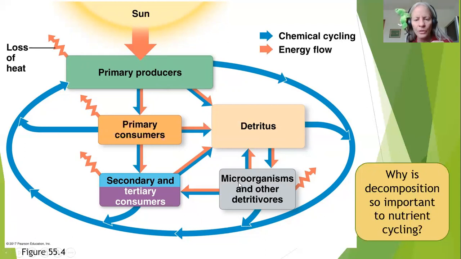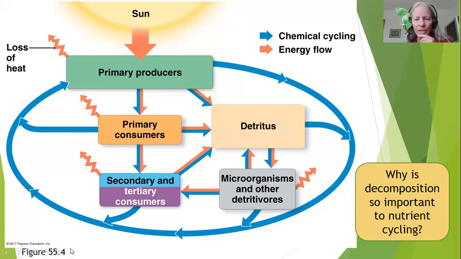We see these arrows coming out, and the biggest arrow should probably just be going back to the primary producers, because secondary and tertiary consumers, I guess some of them might eat the detritus. There are some scavenging animals that are kind of top carnivores. So eagles will eat roadkill. They don't always just eat fresh killed animals.